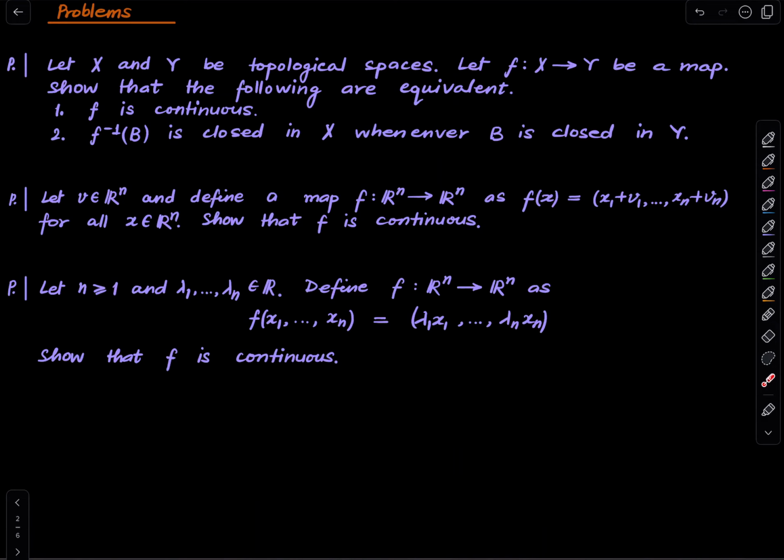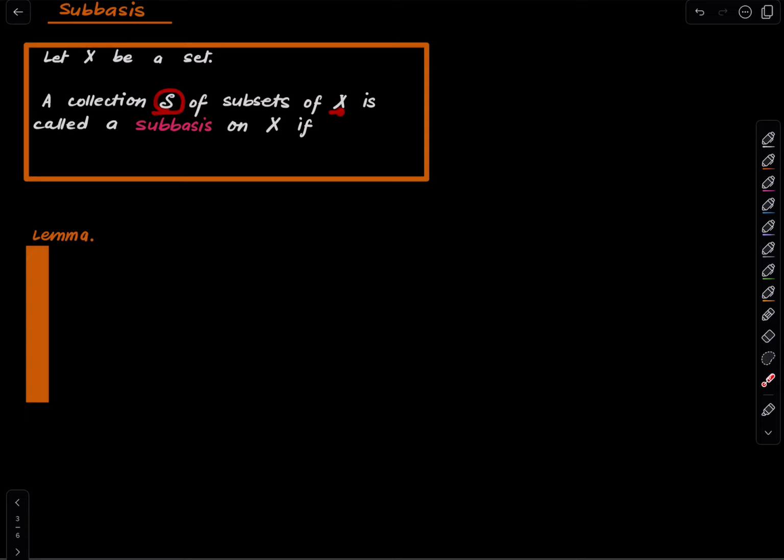So, subbasis. Fix a set X, then a collection script S of subsets of X is called a subbasis on X if, underwhelmingly, the union of all the things in script S is all of the set.